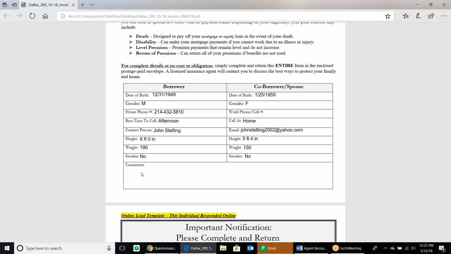Number one, the company that we want to quote them through doesn't handle anybody over the age of 65 to 67 for that type of plan. Another thing is that they're in poorer health. A lot of times they may have had some serious health conditions that may disqualify them from a term plan.